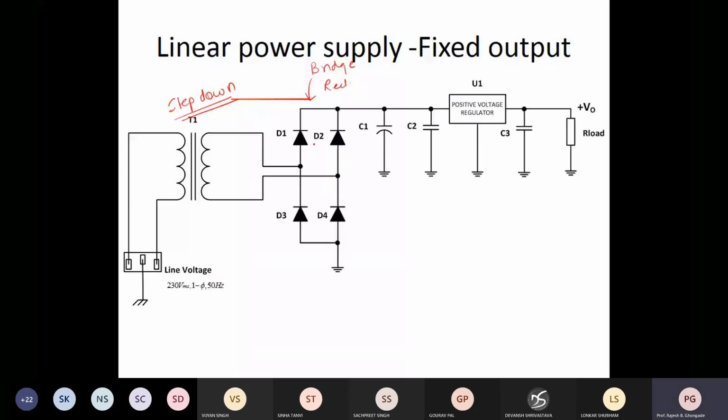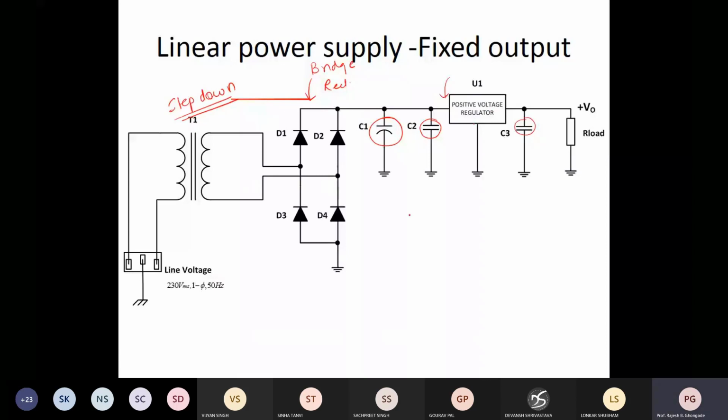There are so many advantages of using bridge rectifier. Then you have the filter capacitor here, and a positive voltage regulator here. These two capacitors have special functions which are given in the data sheet for linear positive voltage regulators.